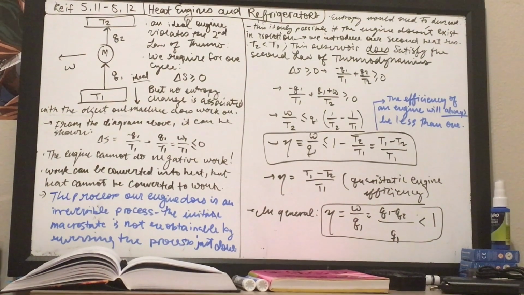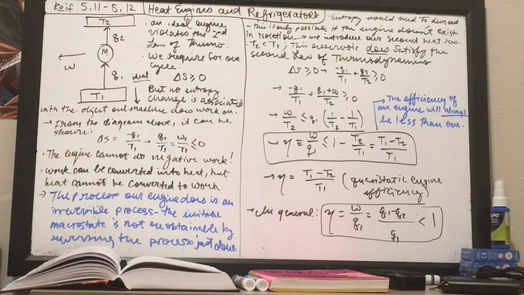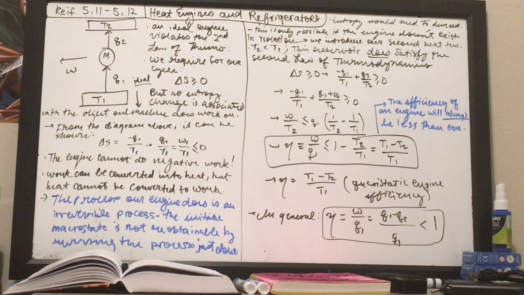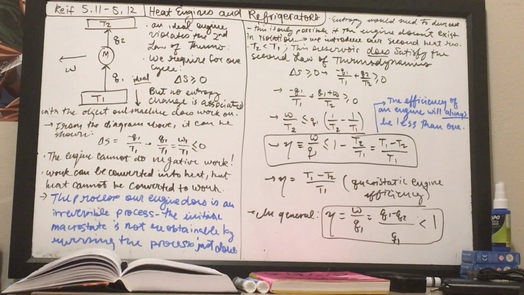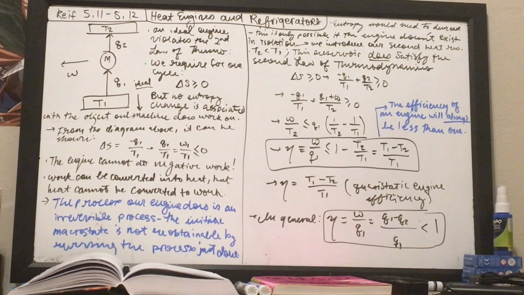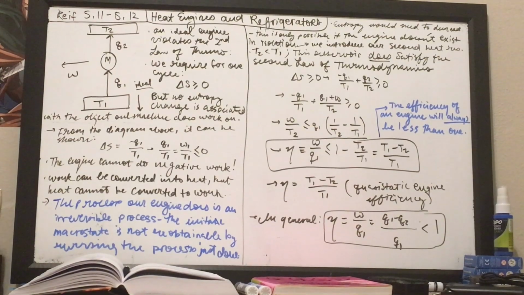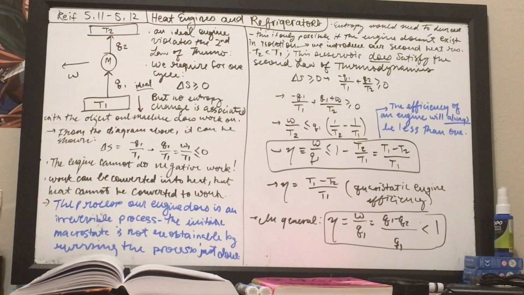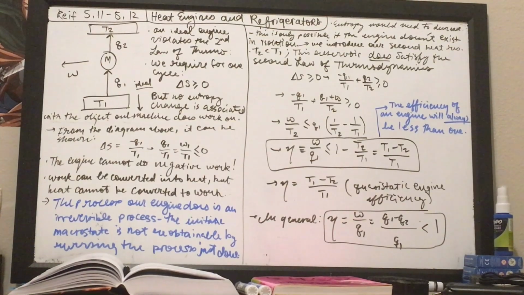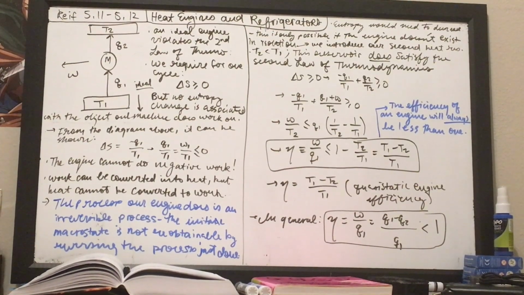However, there isn't any sort of entropy change associated with the object that our machine does work on. So from the diagram that we've got above, if we don't consider the second reservoir, we just have the machine's output of work is equal to the negative amount of heat extracted from that particular first reservoir, right?